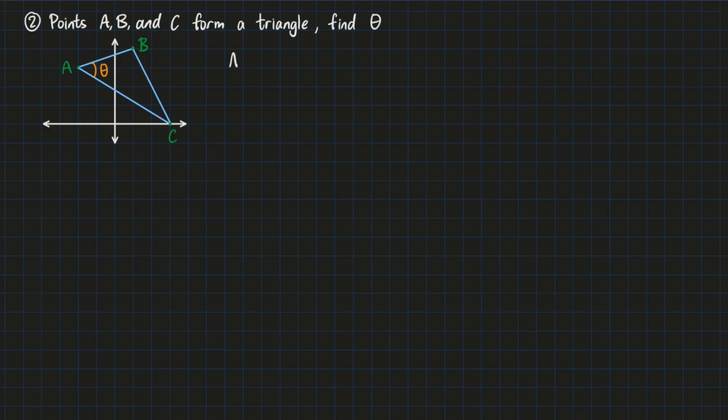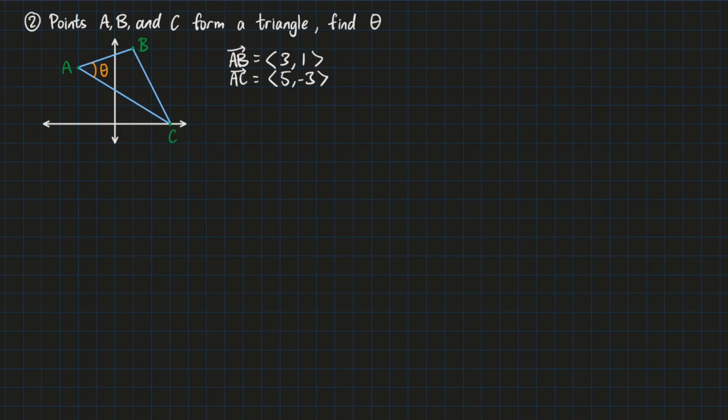So AB is going to equal 3, 1, since to go to point B from point A, we need to go 3 to the right and 1 up. And AC, to get from point A to point C, we need to go 5 to the right and 3 down. So vector AC is going to equal 5, negative 3.